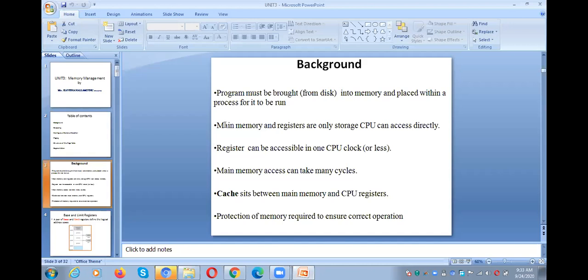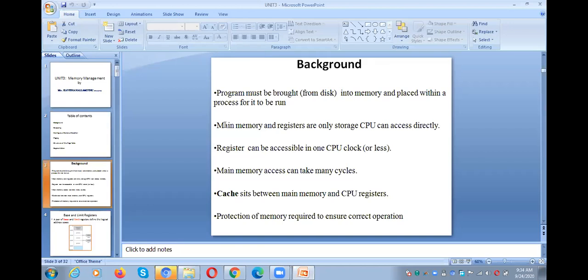So the first three things, registers, cache, and main memory, are accessible to the CPU directly. The CPU cannot access the secondary memory devices such as electronic disk, magnetic disk, optical disk, and magnetic tape.